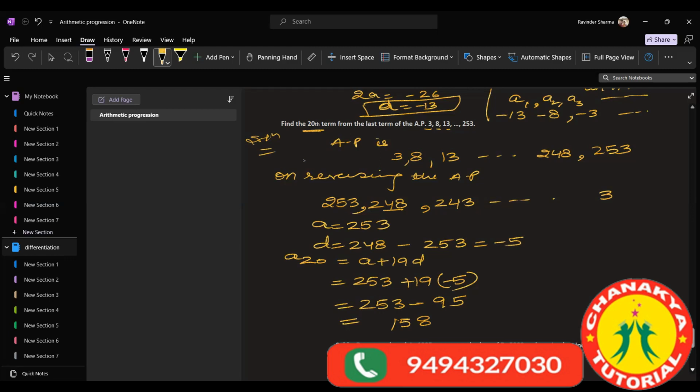And there is another method also. By the given AP, you can first of all find the value of n. Then you will get the value of n. Then you can find the 20th term, which is the end term or mid term. But I guess this is the easy method.